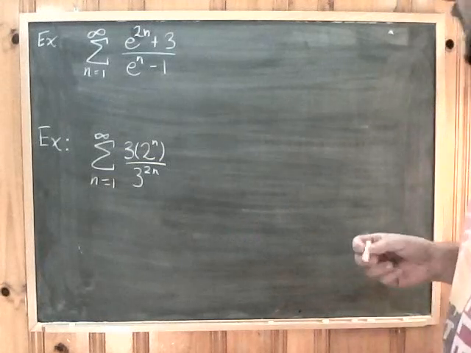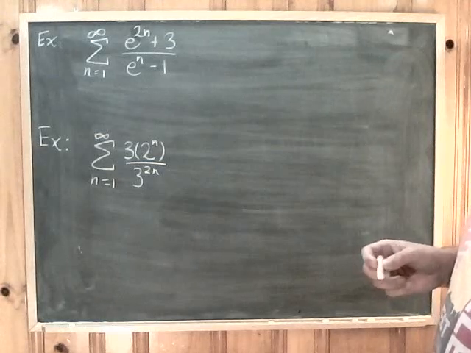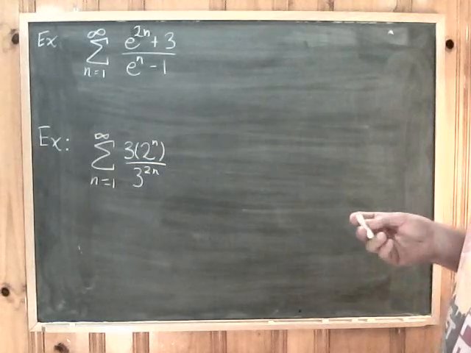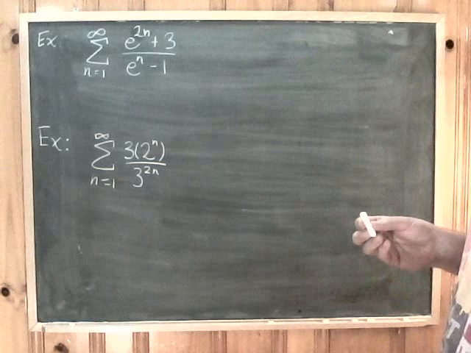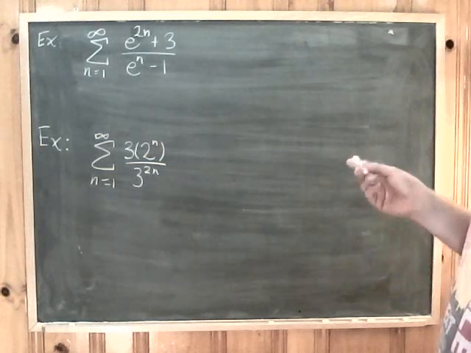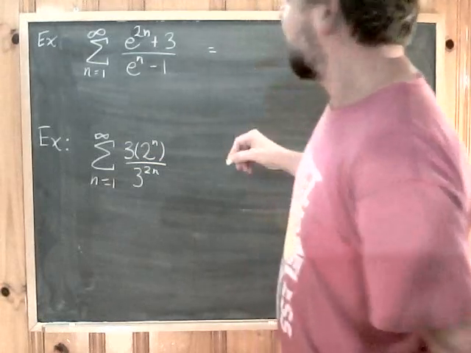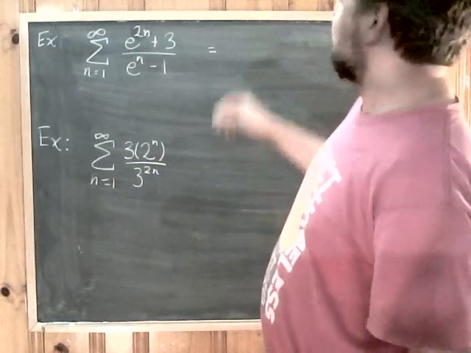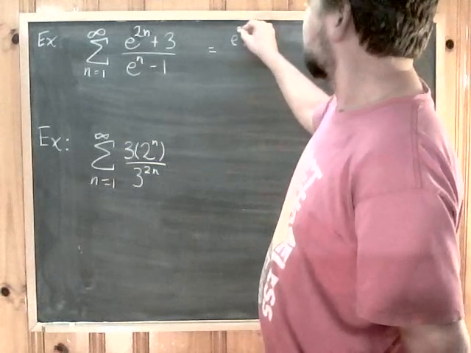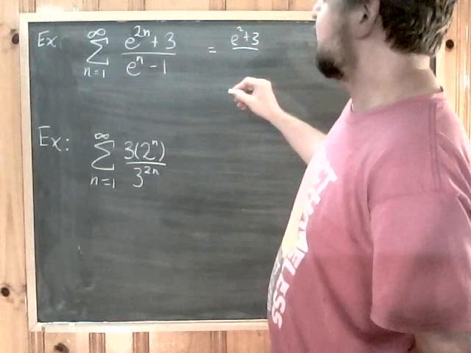So the first one. It might be nice to try plugging in a few numbers and seeing what we're getting here, just to see what it looks like. If I plug in a 1, I'll have e squared plus 3 divided by e minus 1.